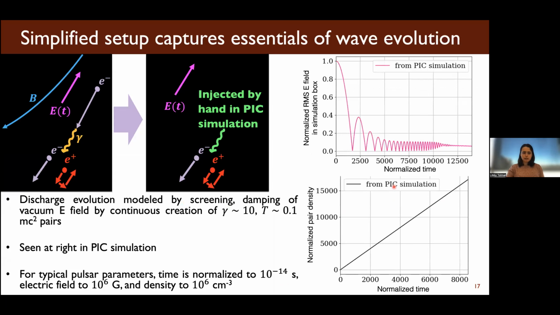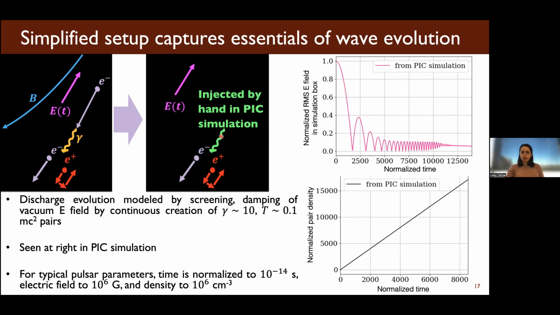So this means to get some insight into the radio emission process, we can take our already simplified picture of the pair discharge and simplify it even further. So take the first black box and you go to the second black box.